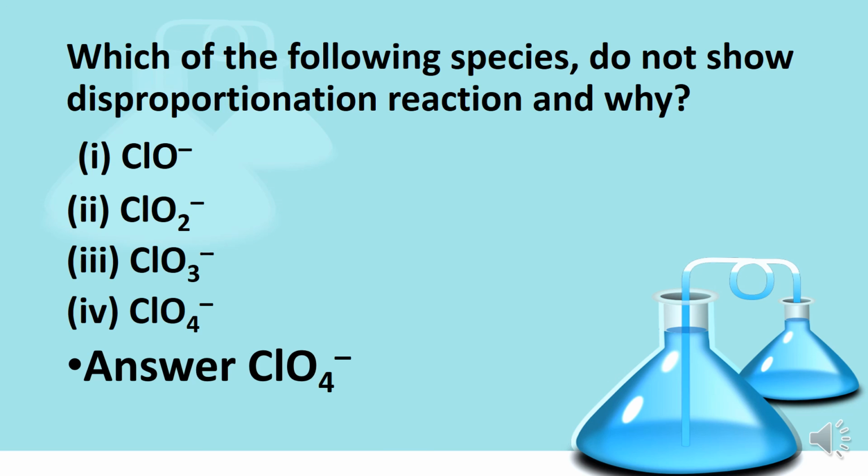So it will not be able to show the disproportionation reaction since chlorine is in its highest oxidation state, that is +7 in ClO4 minus. So amongst the oxo anions of chlorine listed, ClO4 minus will not disproportionate because in this oxo anion, chlorine is present in its highest oxidation state, that is +7.